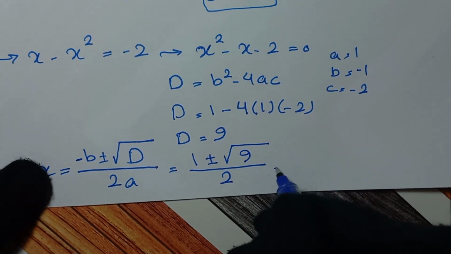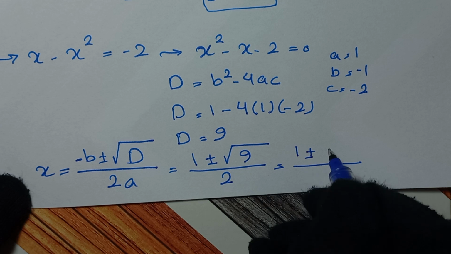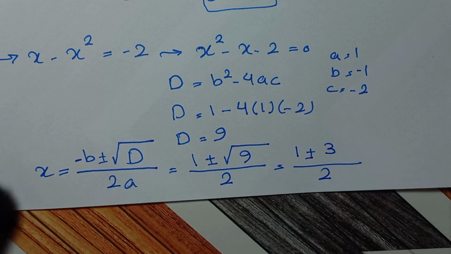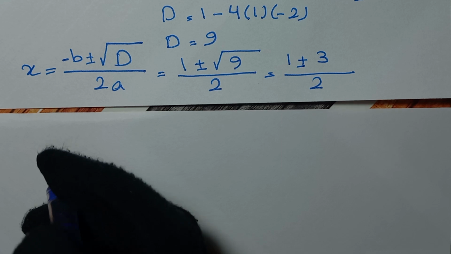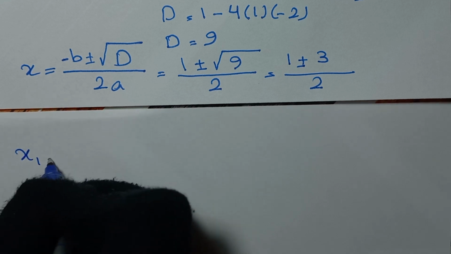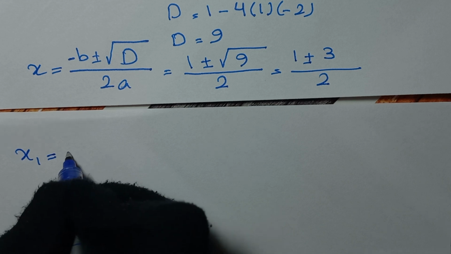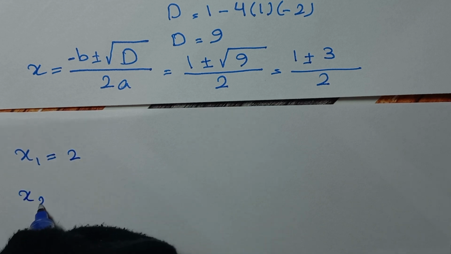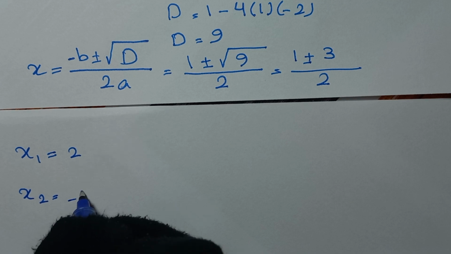And from here it will be 1 plus or minus square root of 9, which is 3, over 2. So in here we have two answers for x. x1 is 1 plus 3 is 4, over 2 is 2. And x2 is 1 minus 3 is negative 2, over 2 is negative 1.